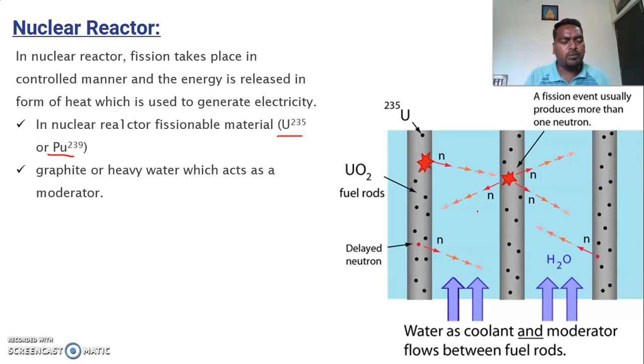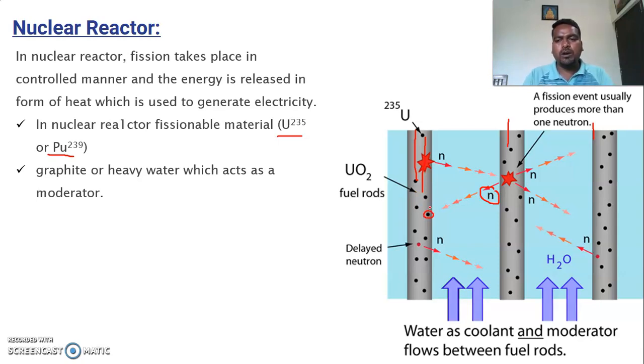So if it slowly bombards the uranium, you just observe here. This is a neutron which is passing in a water medium, the moderator, and these are the uranium rods which are present in the nuclear reactor. And these are slowly moving neutrons. They are moving and they collide with this uranium.